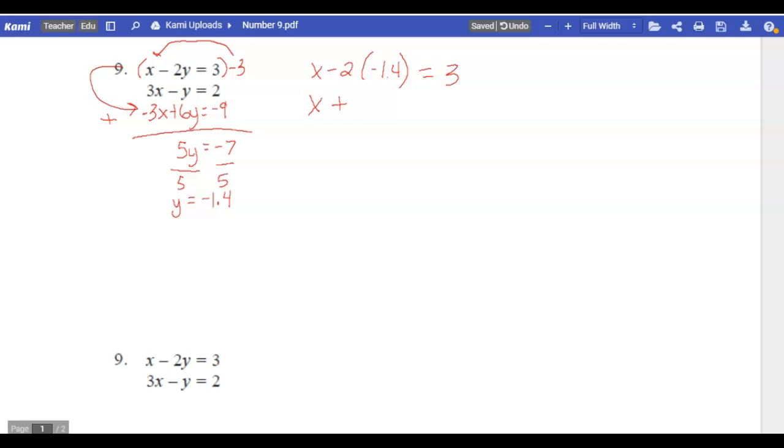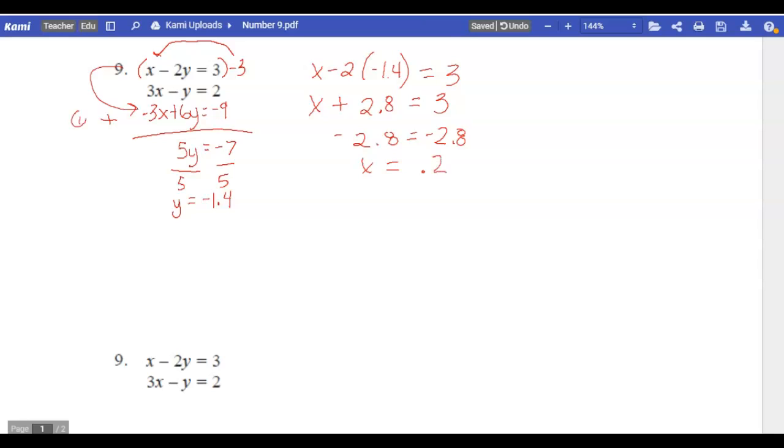So that becomes x plus, and again, take your calculator, make sure you don't make a mistake. 2 times 1.4 is 2.8. And that equals 3. Again, those negatives canceled. So when I subtract, I get x equals 0.2.